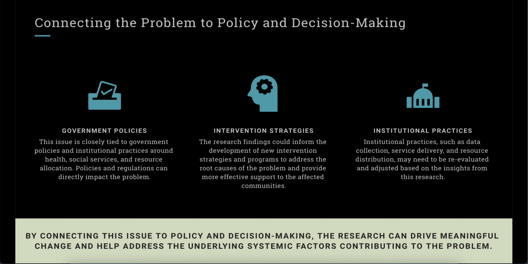That's going to happen if it's really around health, social services, or resource allocation, Title I funding, those types of things. Intervention strategies: any research that can inform development of new intervention strategies or programs, or dig into the root cause of something and provide more effective support for the affected communities. Or it could even just be institutional practices. Will this become a best practice that, if practiced, could have ripple effects to everything we've been talking about in steps 1 through 3?